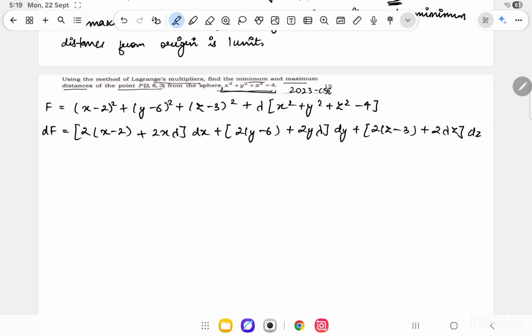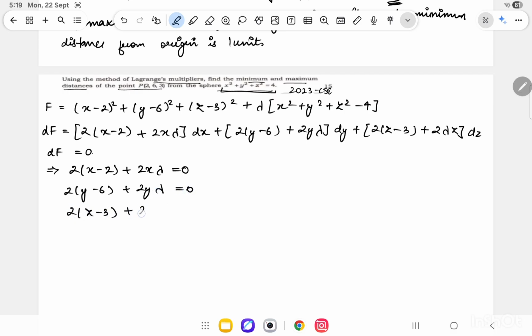So to get the possible critical points, or the points where function can achieve maximum values, we need to equate the total derivative, that is df, with 0. So that basically gives us 2 into x minus 2 plus 2x lambda equals 0, 2 into y minus 6 plus 2y lambda equals 0, and 2 into z minus 3 plus 2z lambda equals 0.